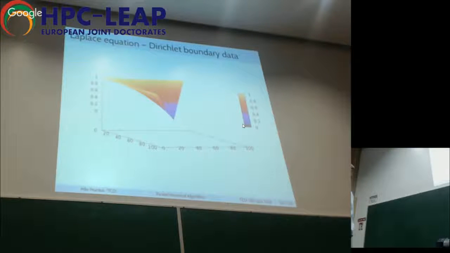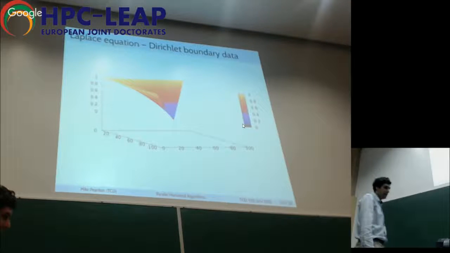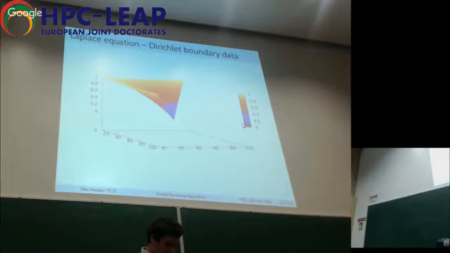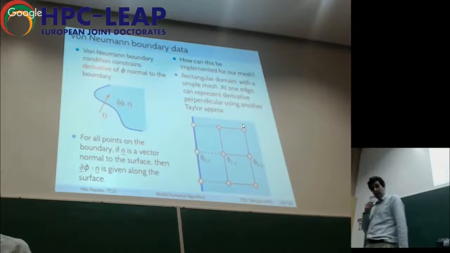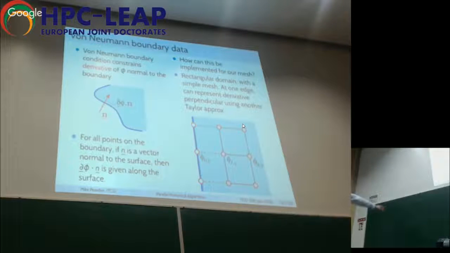That's the Dirichlet data. But sometimes we want to study systems with different boundary conditions. And of course, the next example would be to think about von Neumann boundary data. Well, that is a constraint usually on the derivative, the first partial derivative of the field solving the Laplace equation, normal to the boundary.